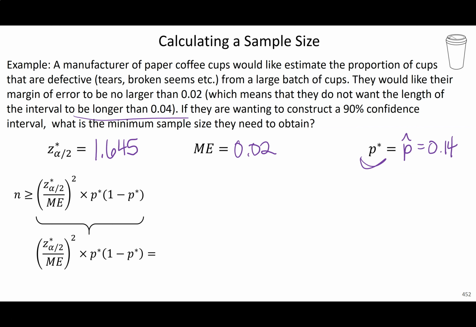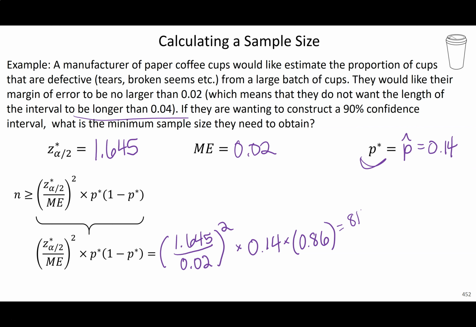So here's the setup. I like to focus on this side first and then come back. So my setup here will be my critical value over my margin of error, 0.02 squared, times, so my P star is 0.14, times 1 minus P star, so 1 minus 0.14 is 0.86, is equal to 814.5135.